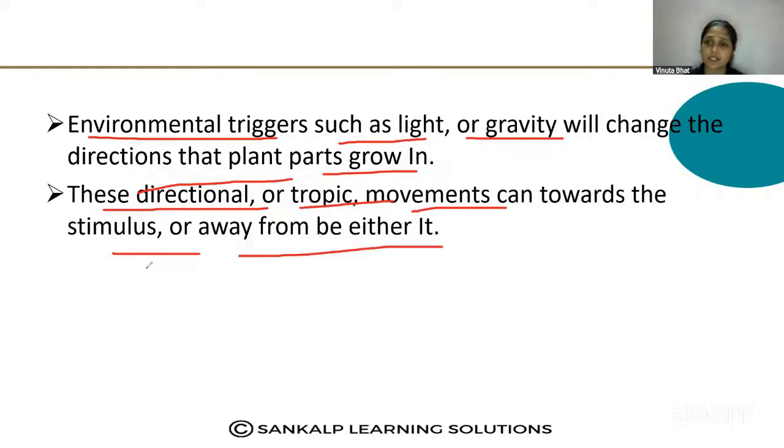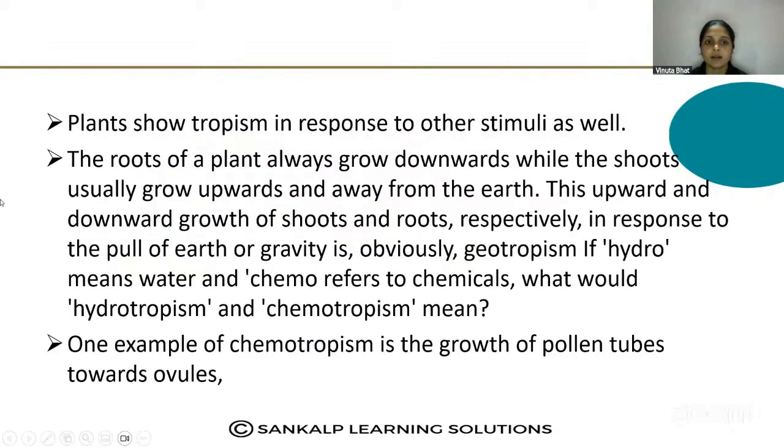Sometimes the growth is towards the stimulus, but sometimes it is away from the stimulus. Here plants show tropism in response to other stimuli as well. The roots of the plants always grow downwards, while the shoots usually grow upwards, away from the earth.